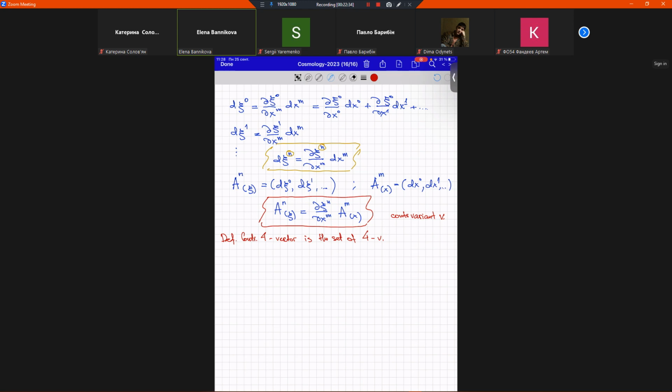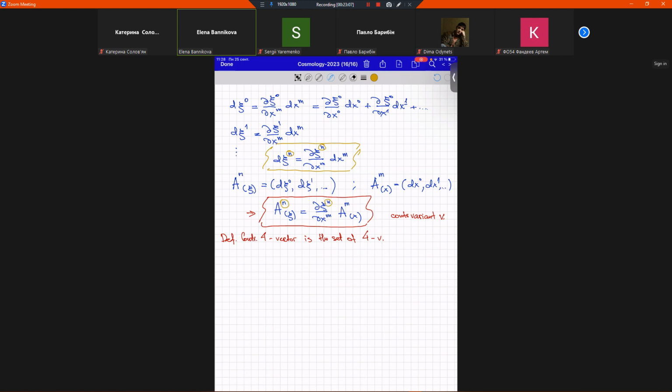You can see here that it really transforms like differentials. To remember, contravariant vectors always have the indexes above.